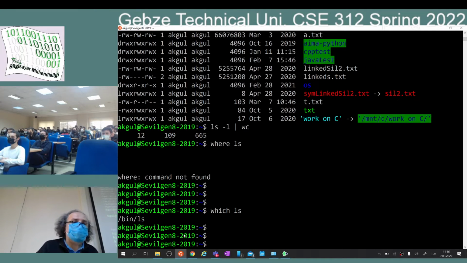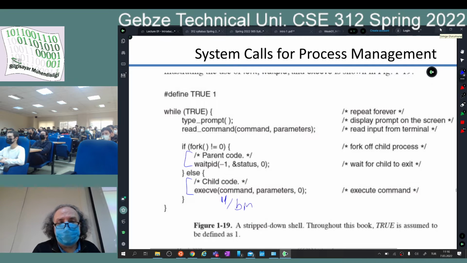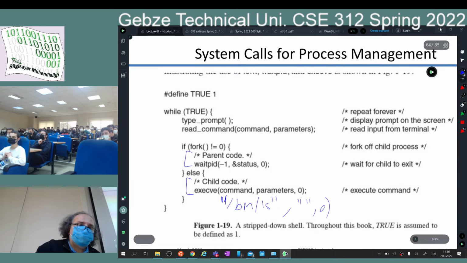It is /bin/ls. So here I am going to say /bin/ls. For the parameters, maybe I am not going to give anything, then 0. So if I do that, my child process will run this program.